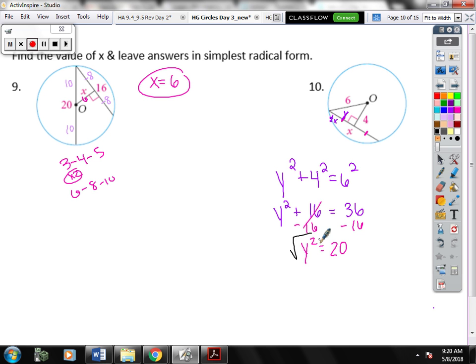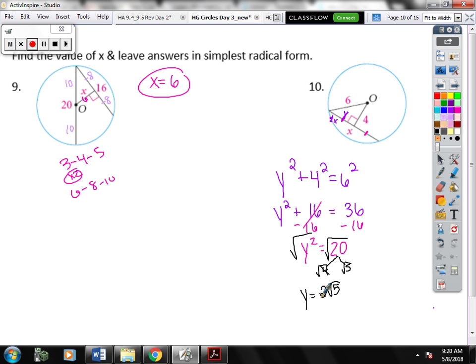Square root. Now let's do simplest radical form again. So what would this be in simplest radical form? Brett? 2 root 5. So this would be the square root of 4 times the square root of 5. So it will be 2 root 5.